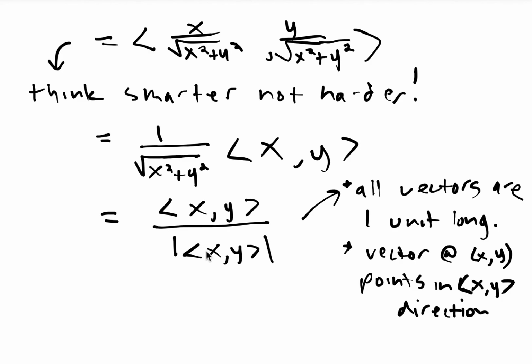If all I'm doing is scaling by a positive number, I'm not changing the direction. And another way to interpret the fact that your vectors at xy point in the xy direction is that these are all going to point away from the origin, so directly away from the origin.